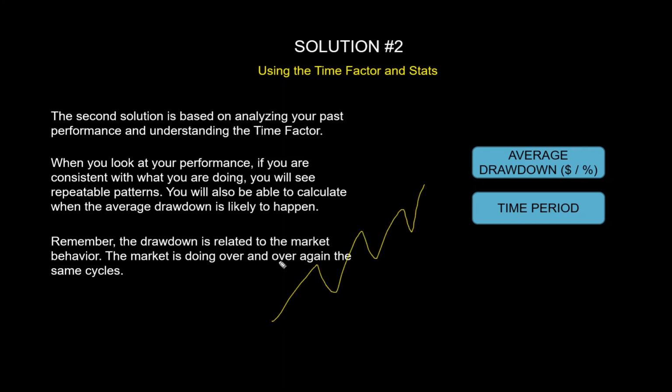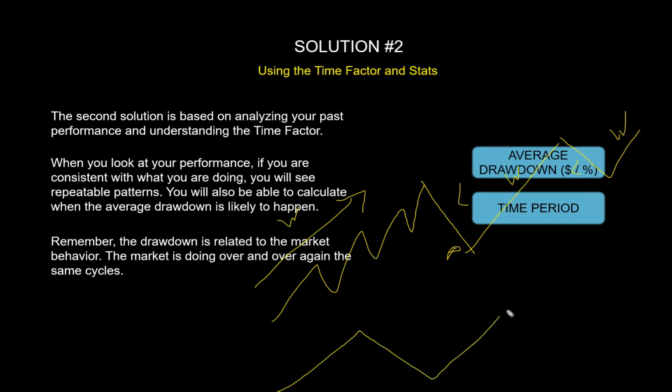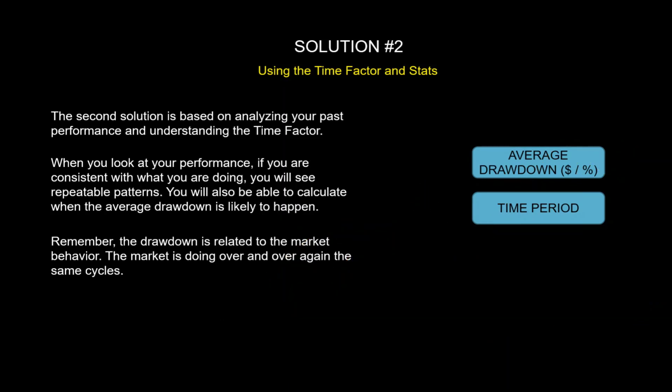If the market is doing trend, pullback, trend, pullback, and you win here and you lose here, and then you win here and you lose here, that should be how your graphic looks like also. It should be following the same structure. So this is basically the first part of it.